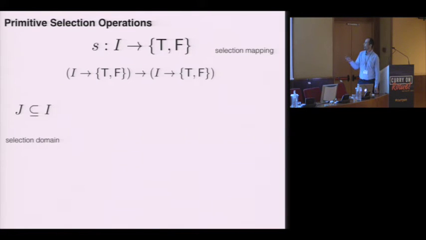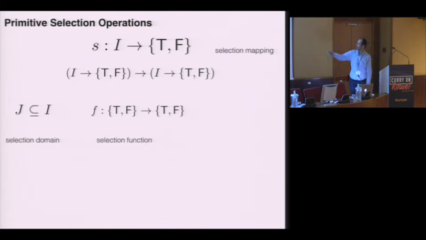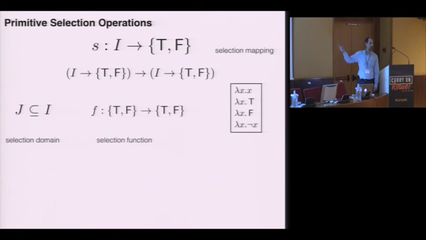Okay, so when we want to perform a change to a selection, there's some selection domain, some elements that we want to touch, right? Either select or deselect or toggle or do something like that. So it's some subset of I. And then what do we do to those? It's going to be selecting or deselecting typically. So we call it a selection function. It's just from booleans to booleans, and the four possible functions are the constant functions true or false, or toggling, or just the identity function.